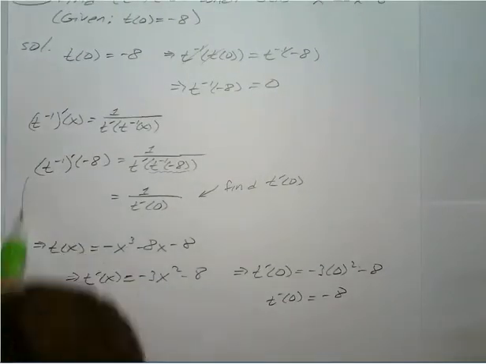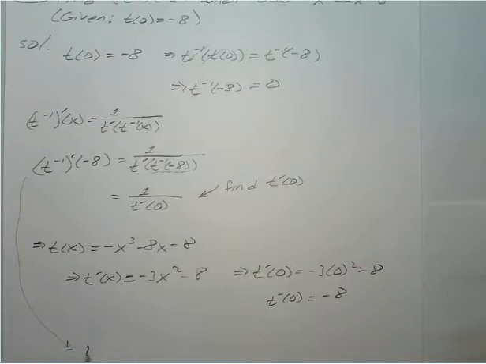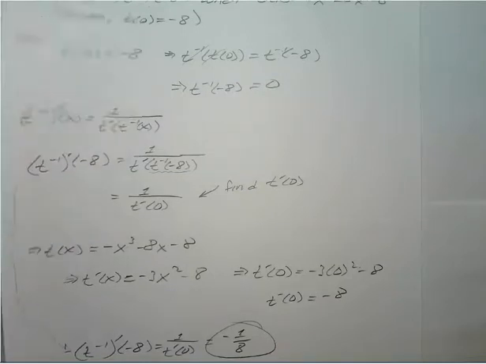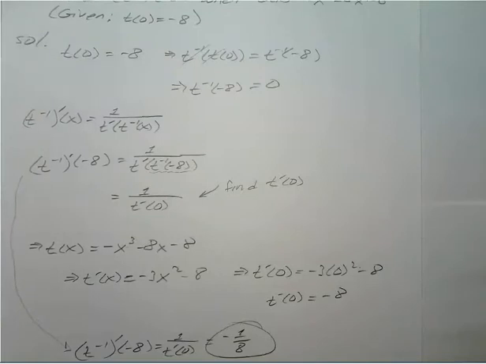So that means our t inverse prime at -8 is equal to 1 over t prime of 0, which is -1 over 8. All right. So if you are still writing, feel free to press pause. But we're going to go ahead and move on to our next example.